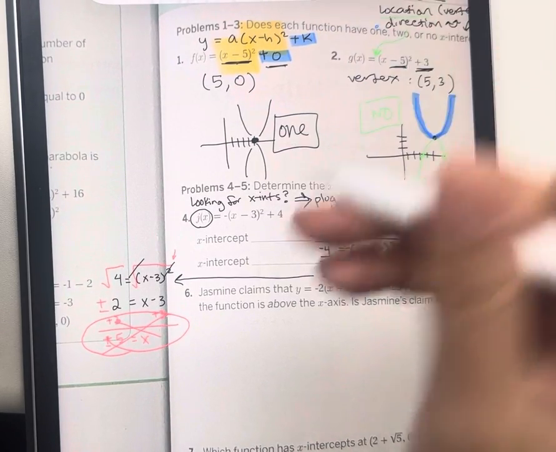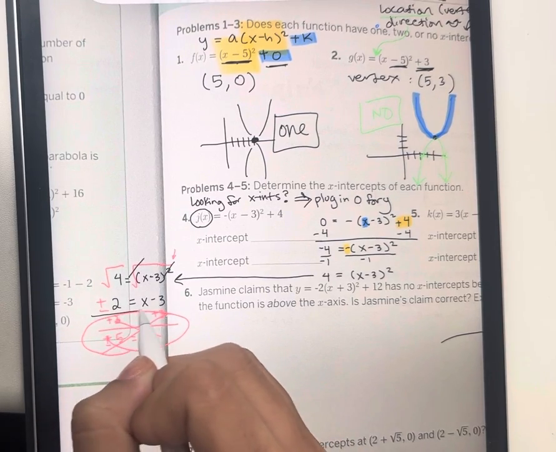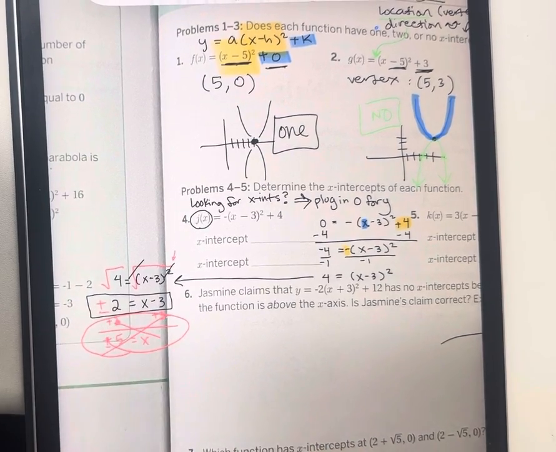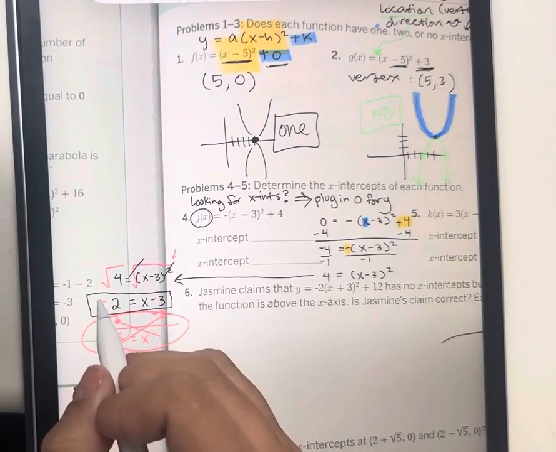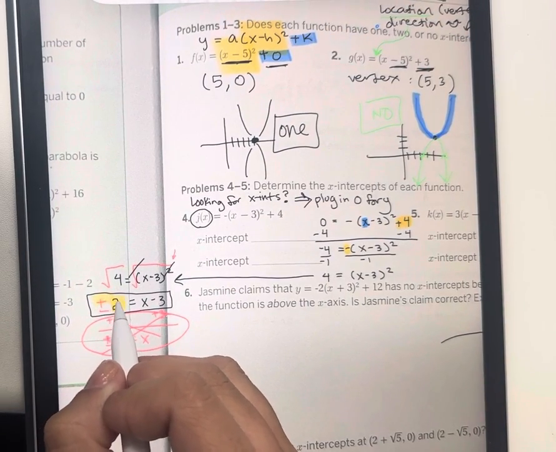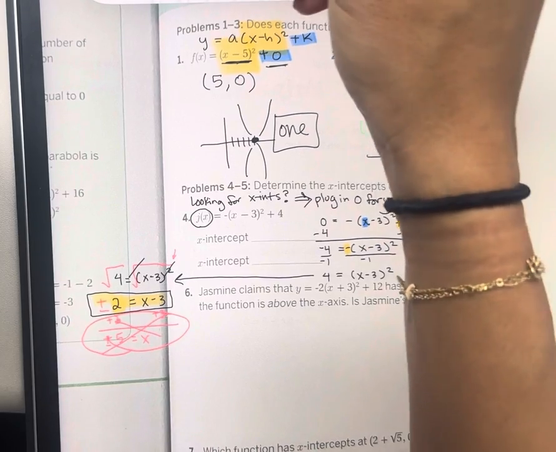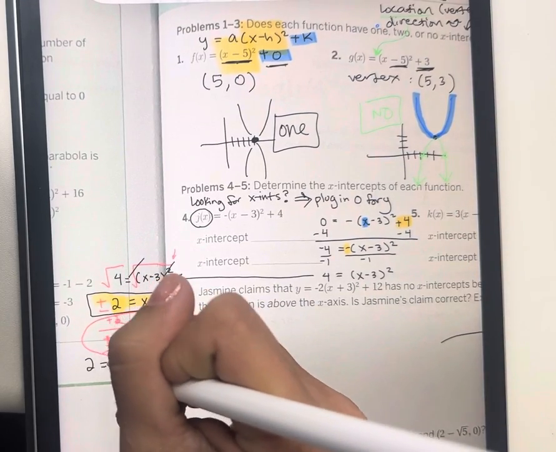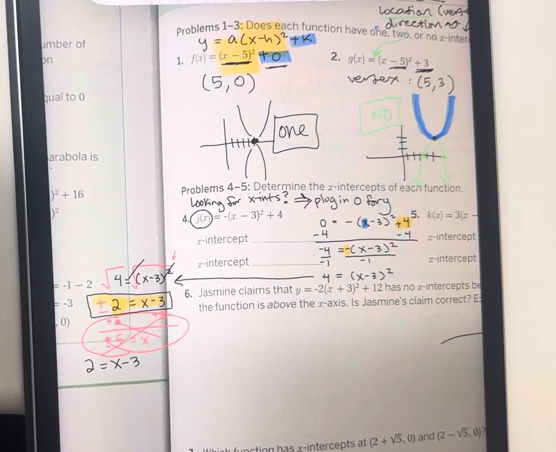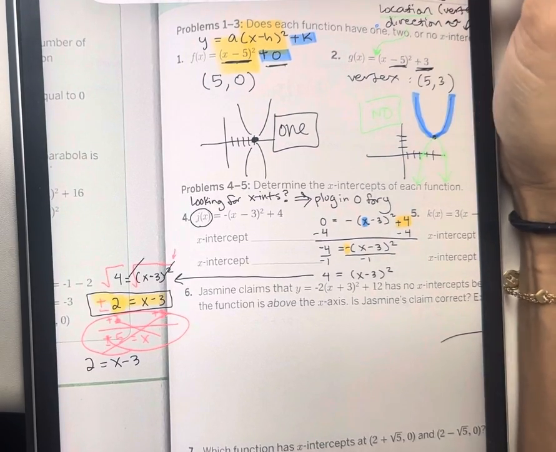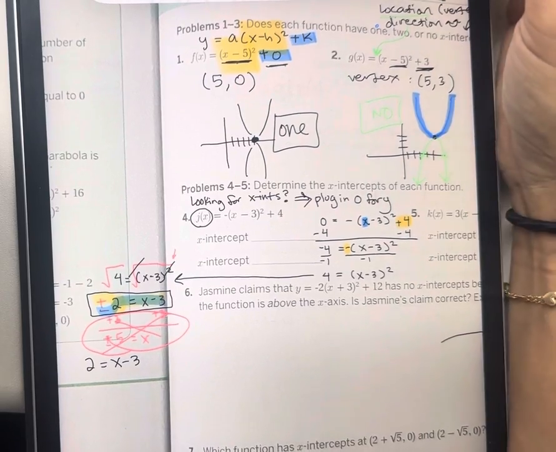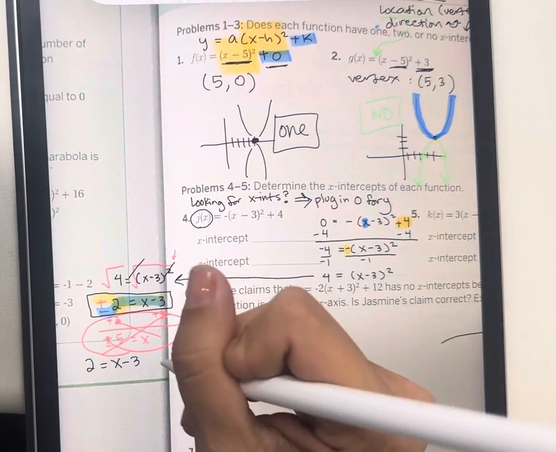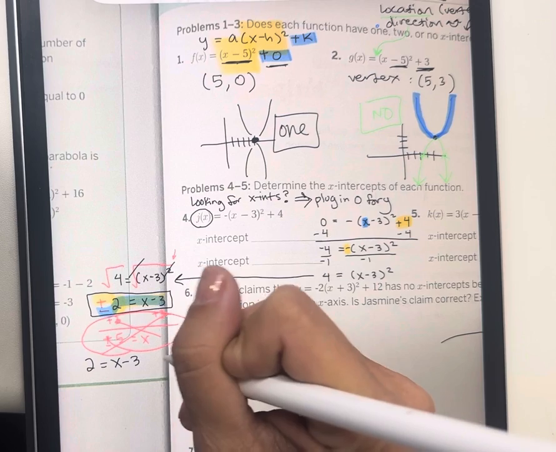Instead, we have to recognize that this guy right here is 2 equations. It is positive 2 equals x minus 3. It's also negative 2 equals x minus 3. So write them, separate them.